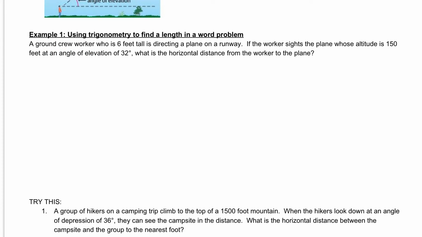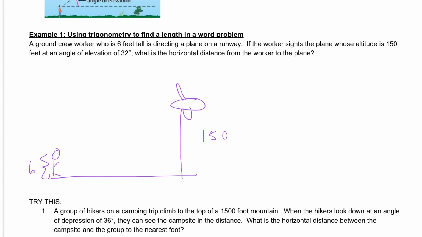So we have a ground crew worker who is 6 feet tall, so let's draw that guy. So here's the ground. Here's our worker, and again, he's 6 feet tall. And he's directing a plane onto a runway. So here's our plane. If the worker sights the plane, whose altitude is 150, so that means the plane is 150 at an angle of elevation of 32 degrees.